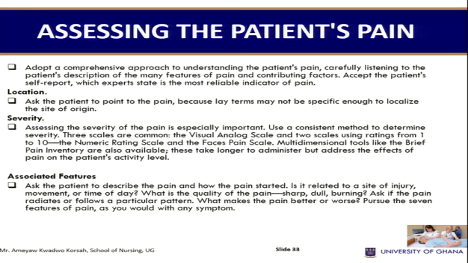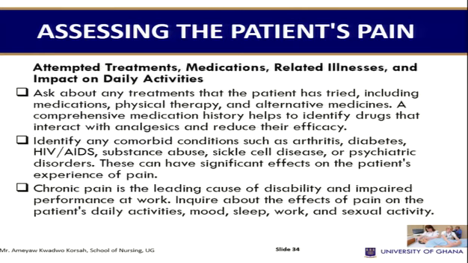Pursue the 7 features of pain as you would with any symptom. Attempted treatment, medication-related illnesses, and impact on daily activities. Ask about any treatment that the patient has tried, including medications, physical therapy, and alternative medicines.